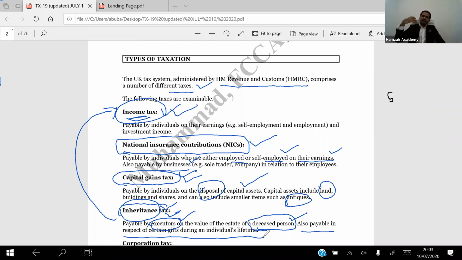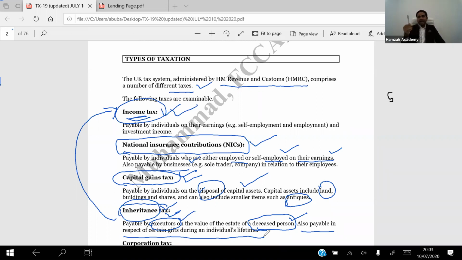In the same way, it will be treated under inheritance tax because it is coming from the parents to the child, and that is considered a gift. So when a person is giving me a gift, I am receiving that. Let's just say I received this pen free. This pen today is an antique worth 50,000 pounds. I received it for free. If today I sell it in the market, I can receive 50,000 out of it.